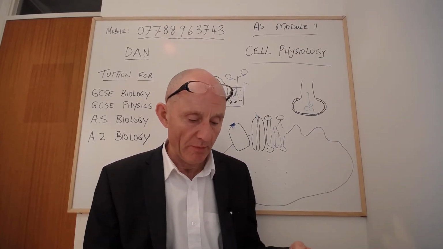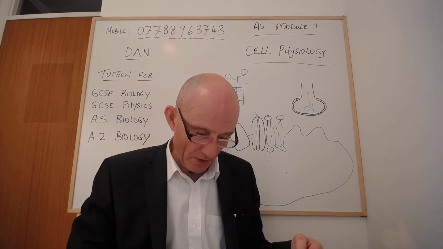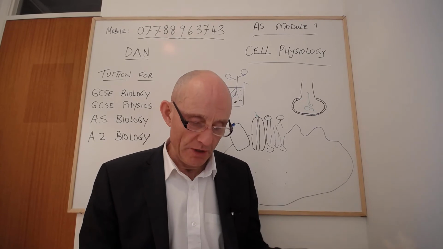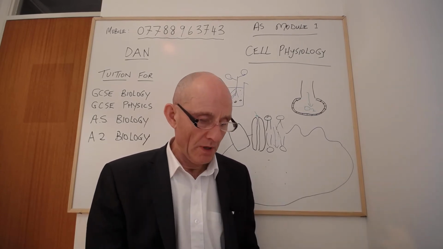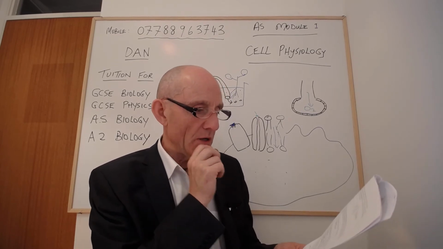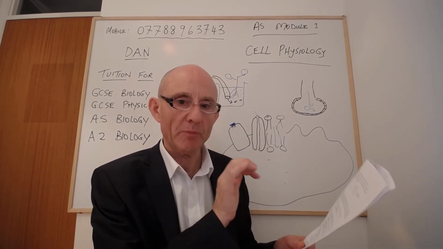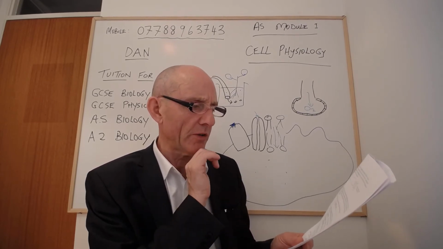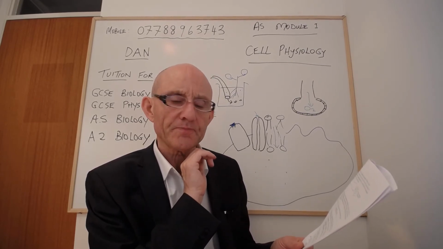So the question I have in mind is question 9 in the question booklet, and it's asking: suggest what happens to the uptake of sodium ions in red blood cells when red blood cells are treated with cyanide.